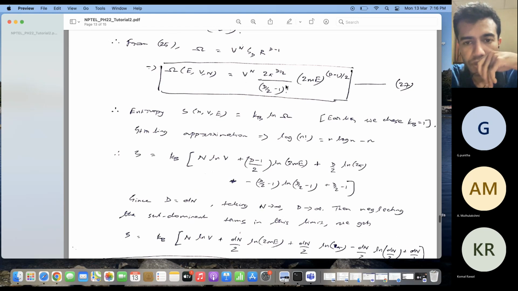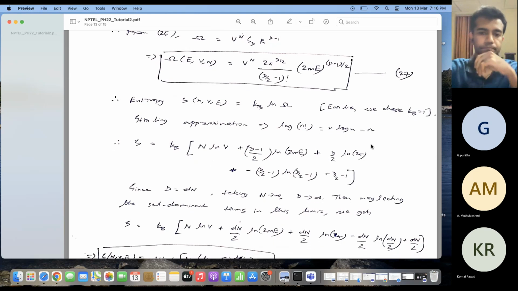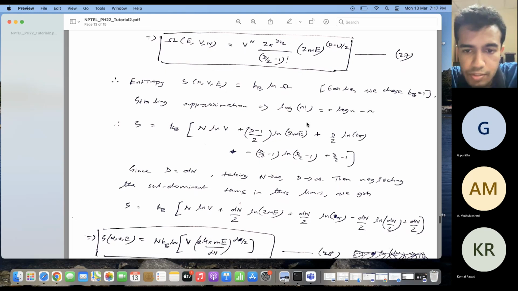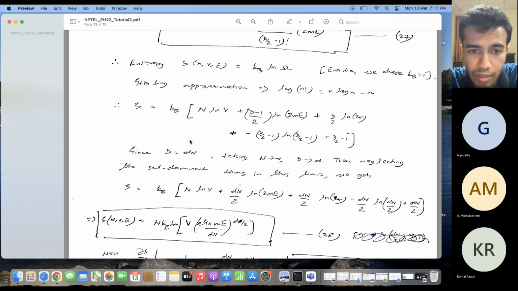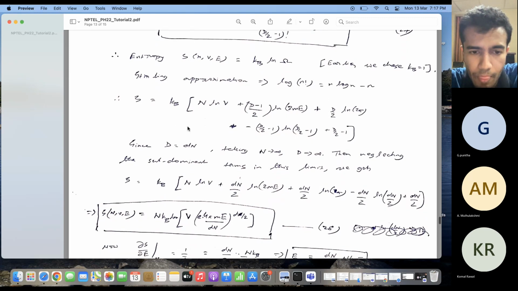So I take the log of this quantity, and in order to simplify this particular factorial, I make use of the Stirling approximation. What is that? Log of n factorial is equal to n log n minus n. So if I take the log of this quantity and apply this substitution, and there is one more, I get this huge expression for S.